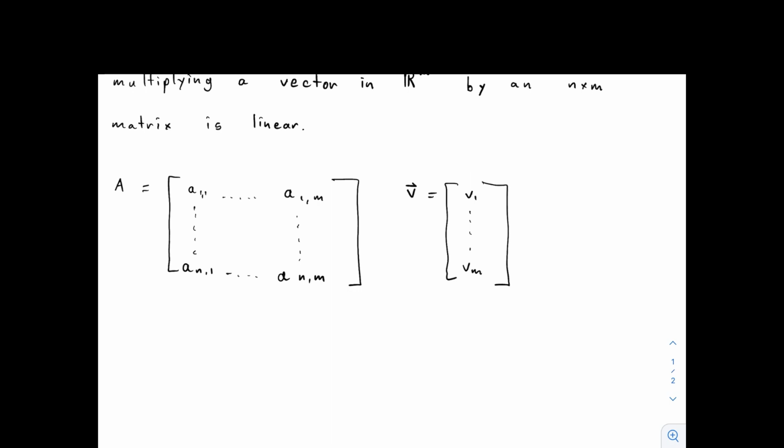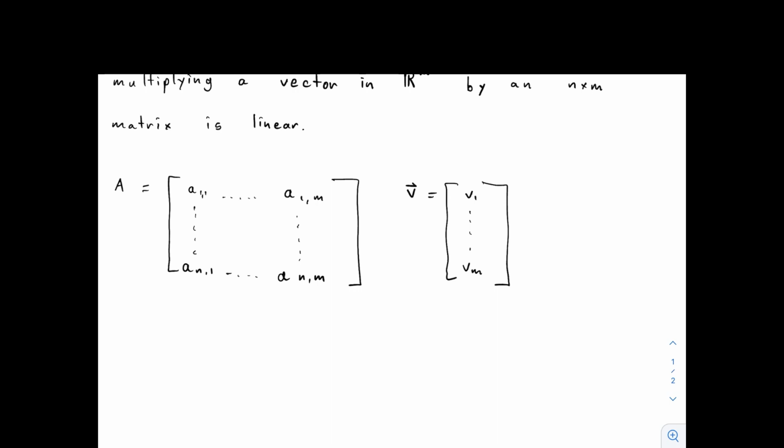Well, what does it mean to be linear? If a transformation or a function is linear, then it preserves scalar multiplication, and it preserves addition, right? And by extension, you can think about subtraction as adding a negative number, and you can think about division as multiplying by a fraction, and so we also get division and subtraction.